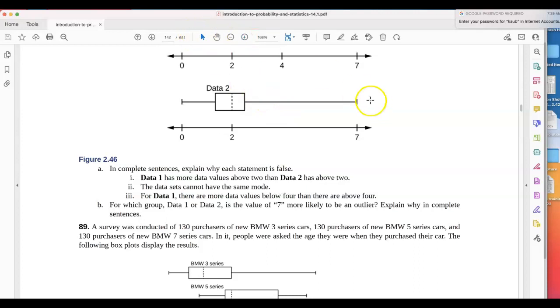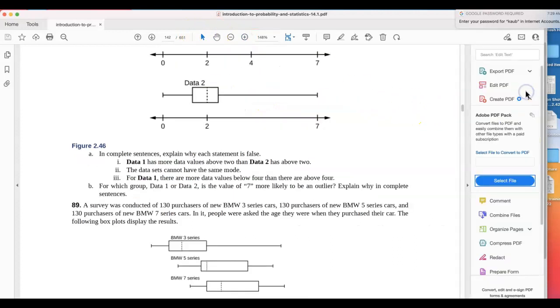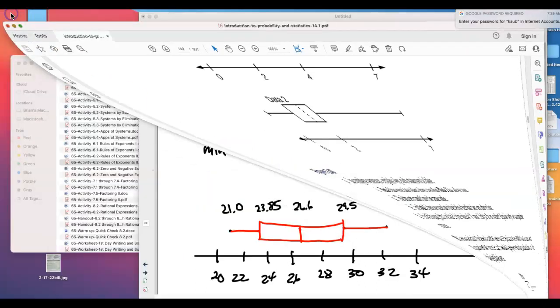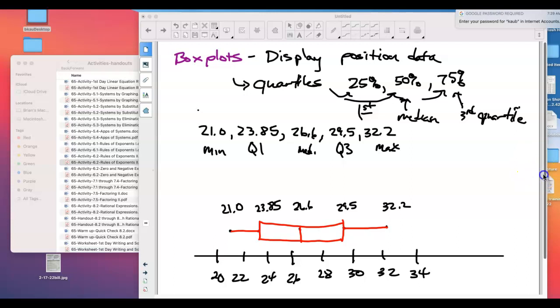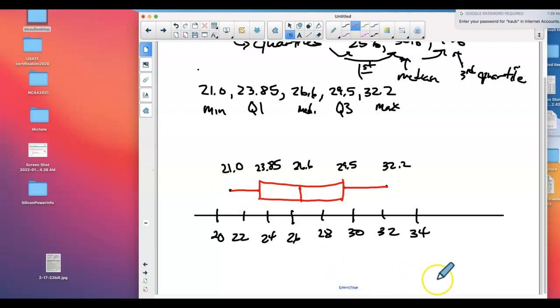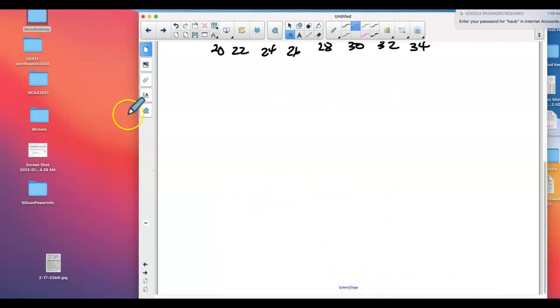Okay, outliers are 1.5 times the interquartile range, IQR.